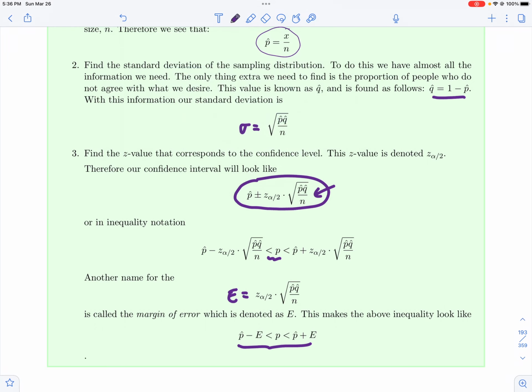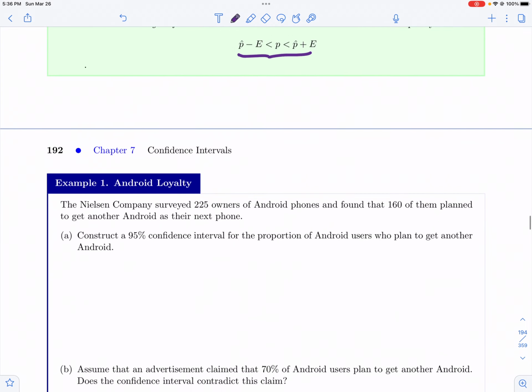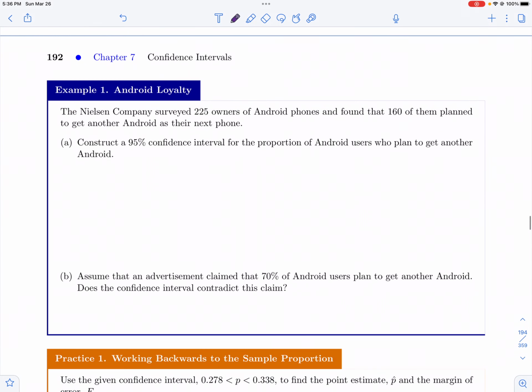All right, so let's dive in and take a look at an example so we can see how this works. For example one, Nielsen Company surveyed 225 owners of Android phones and found that 160 of them plan to get another Android as their next phone. Construct a 95% confidence interval for the proportion of Android users who plan to get another Android.